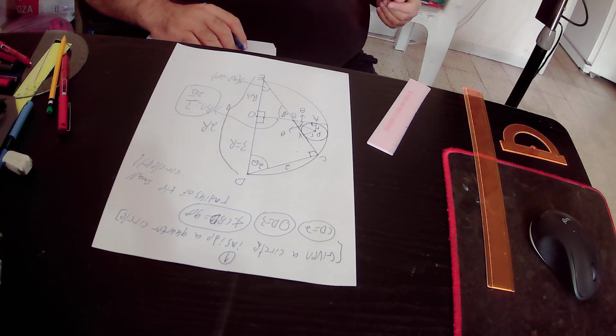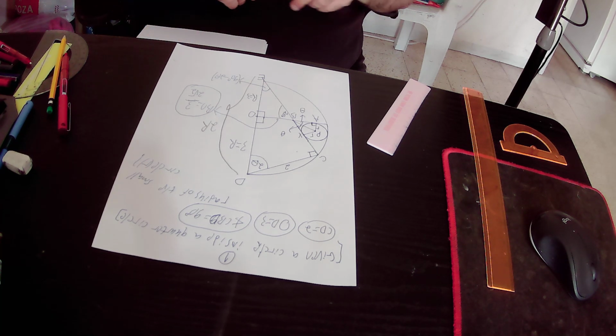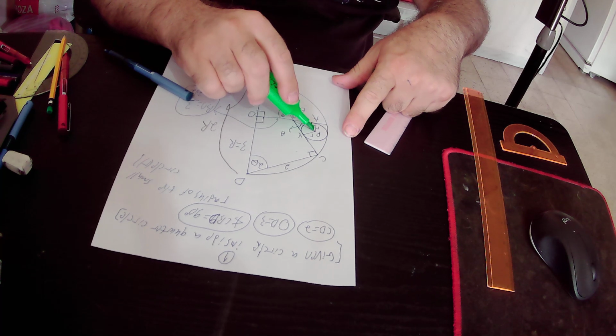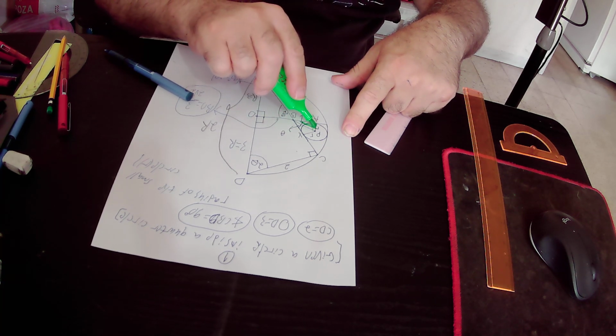In the next step, we will focus on the right triangle, triangle ABP. Okay, we will focus on this triangle, the small right triangle.